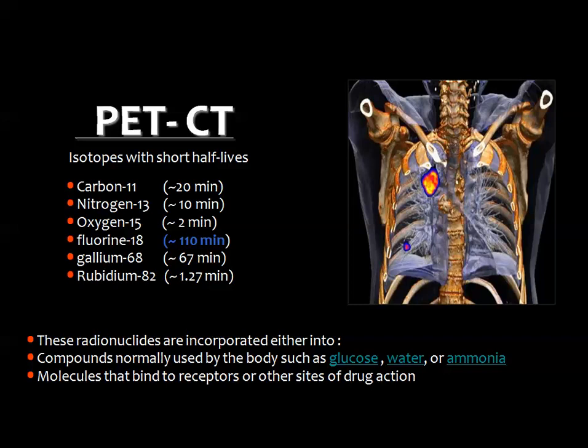And you know that PET-CT is the combination of the PET machine and the CT to enhance the anatomic details of the part to be examined. And the reasonable isotope used for PET examination is fluorine 18 because of its reasonable half-life, which is in the range of 110 minutes.